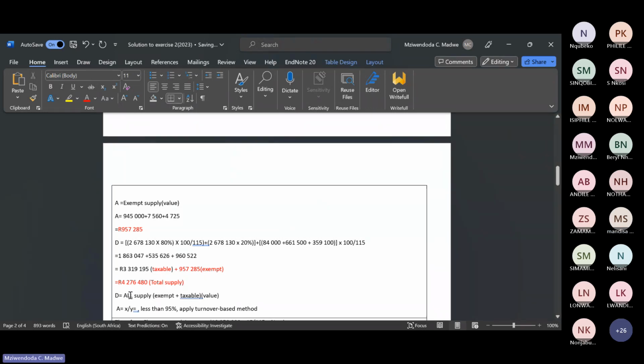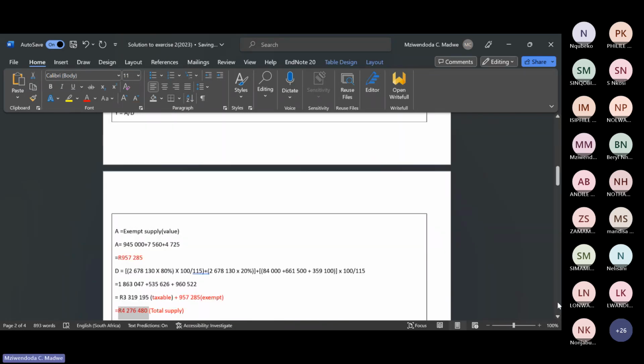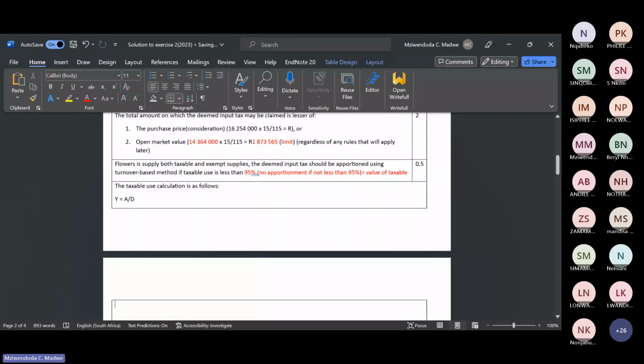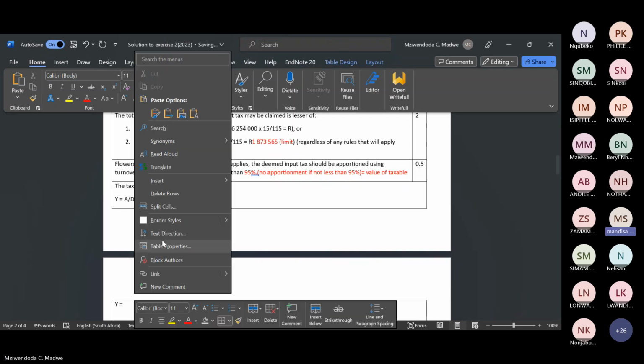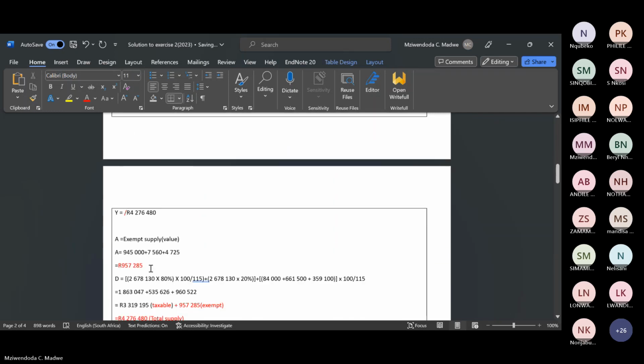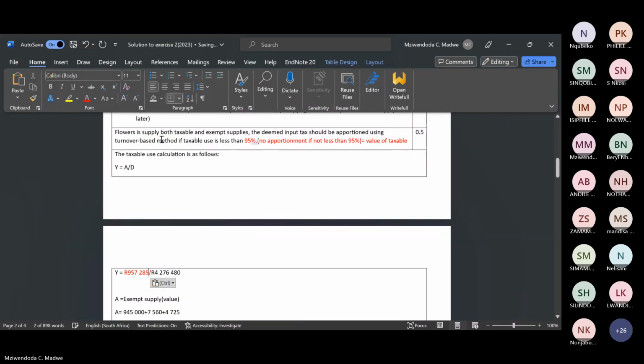Okay. So we go back to our formula. Now we have A, we have D. So Y is equal to exempt, let me call it exempt so that you can remember, divided by total supply.